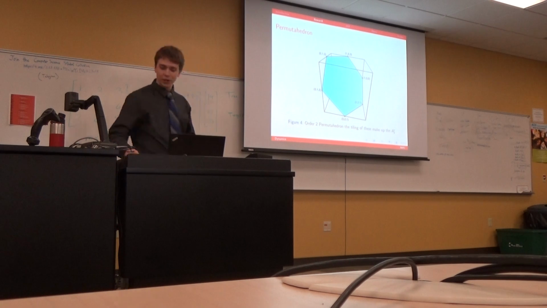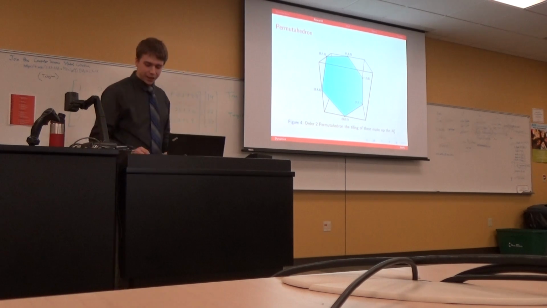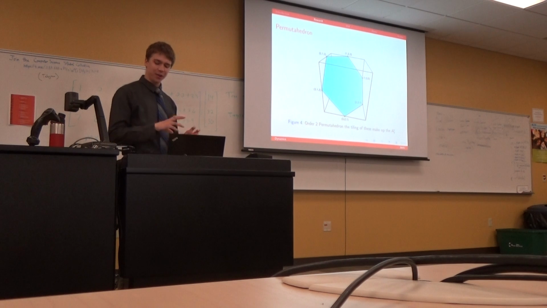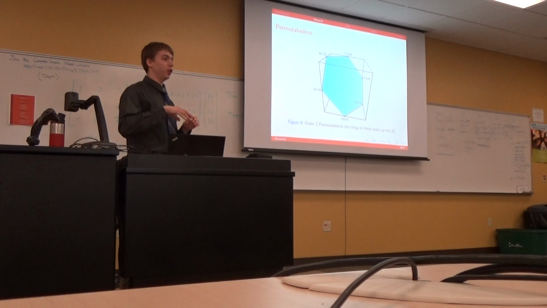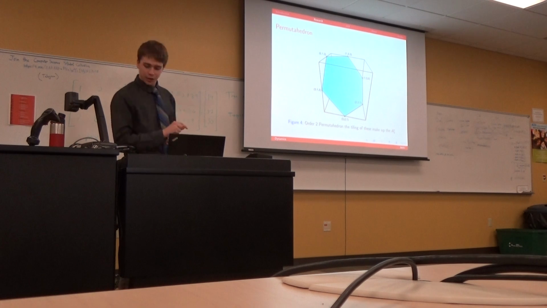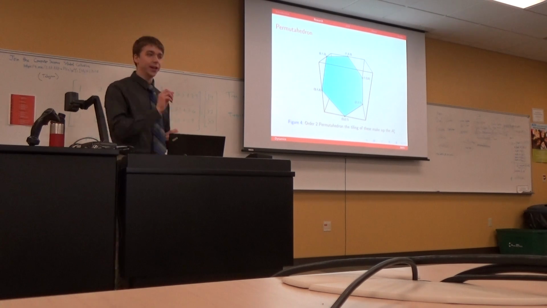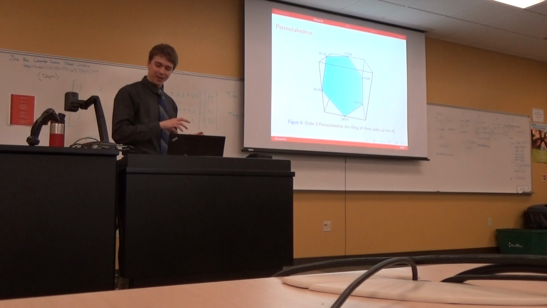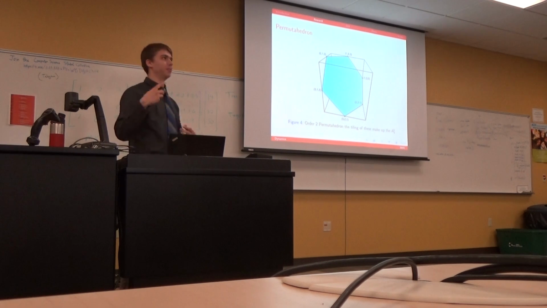So a permutahedron, so I don't mess it up, is a polytope of n factorial points. It's an n minus one dimensional polytope type that exists in n dimensions. And I know it's really complicated, so this is the best example.